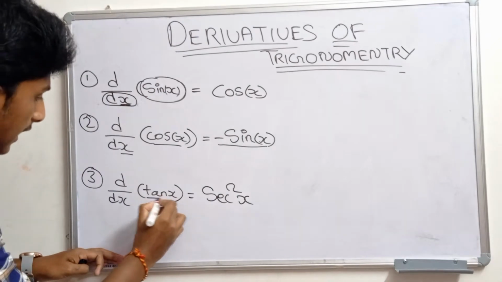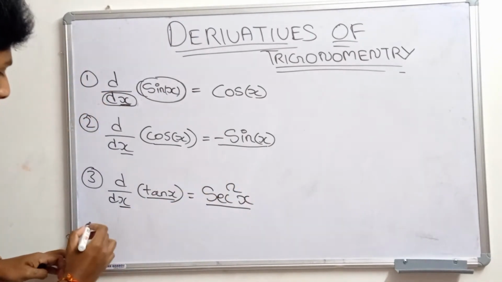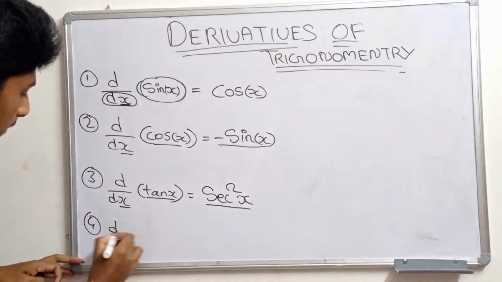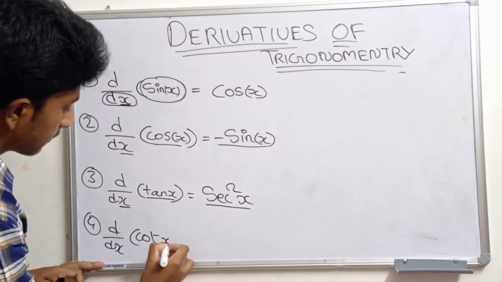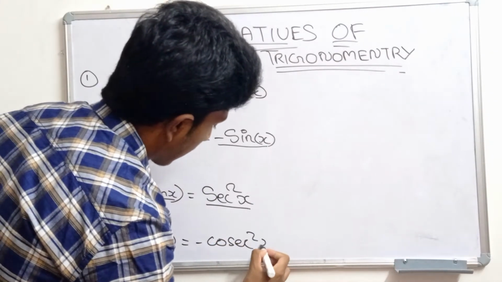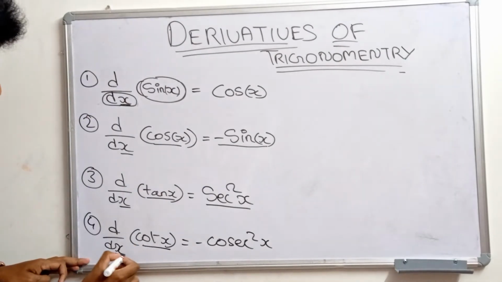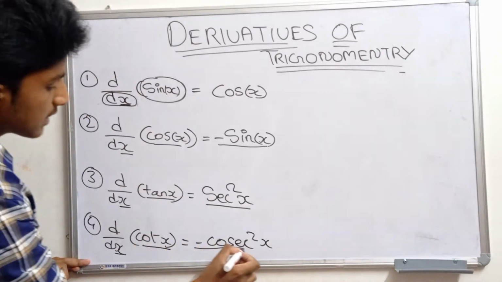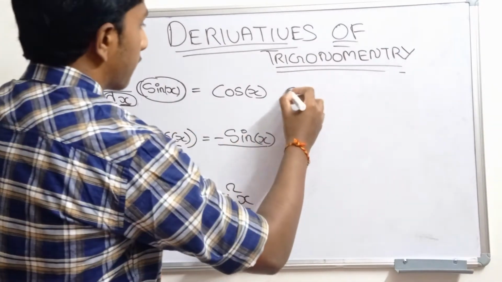When you differentiate tan x with respect to x, you will get secant square x. And the fourth formula is d by dx of cot x, which is minus cosecant square x. That means when you differentiate cot x with respect to x, you will get minus cosecant square x.